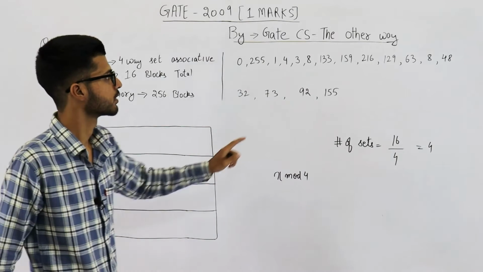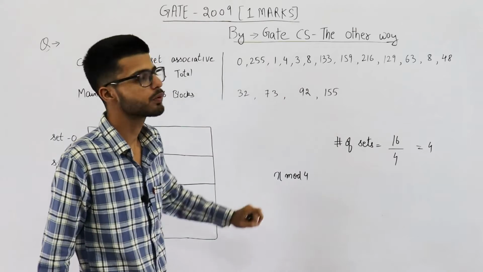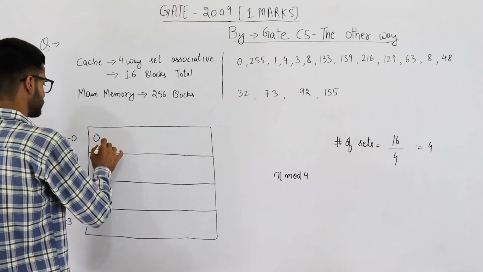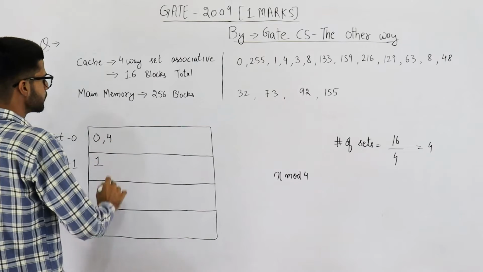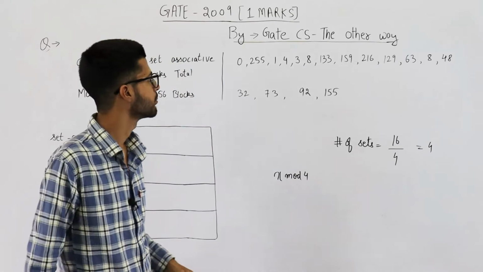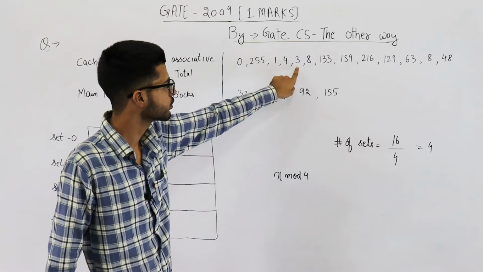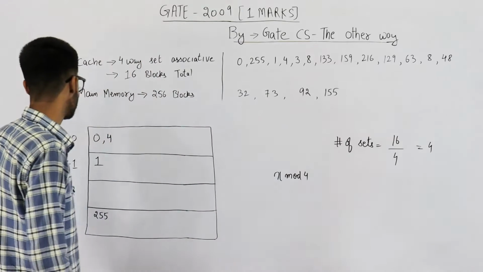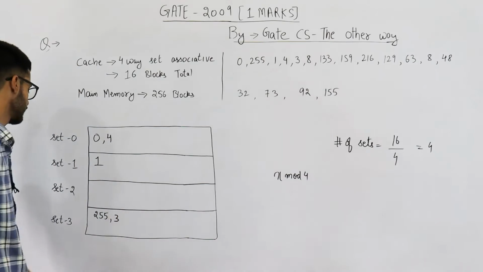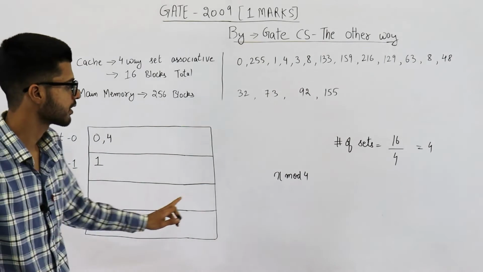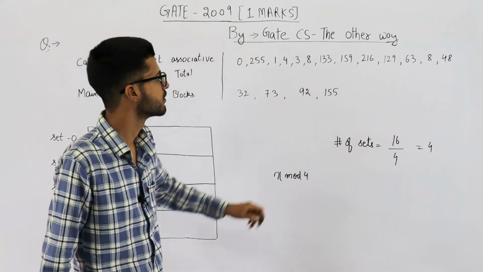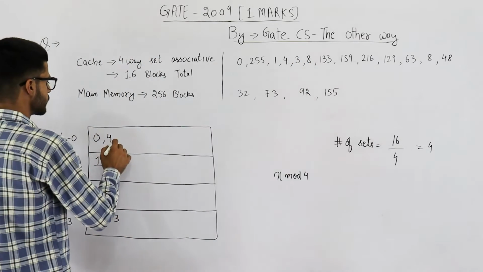Block number 4 will be mapped onto set number 0 because 4 mod 4 is 0. Next one is 3. It will be mapped onto set number 3 because 3 mod 4 comes out to be 3. 8, it's divisible by 4, so the set is 0.